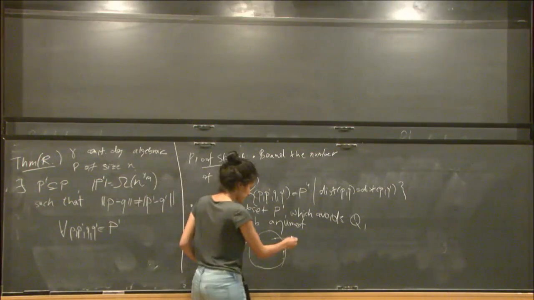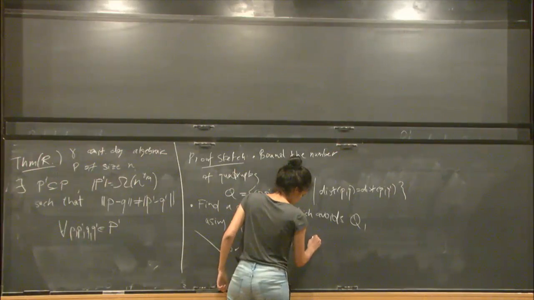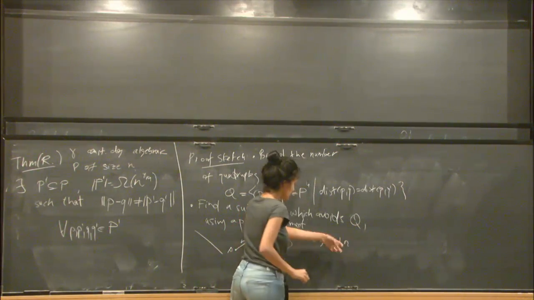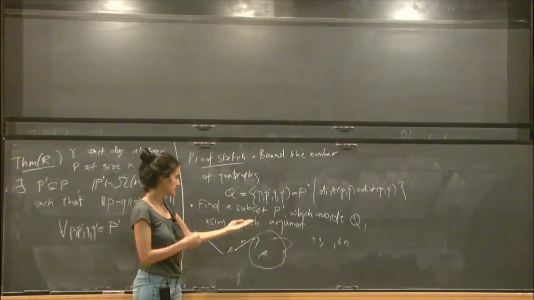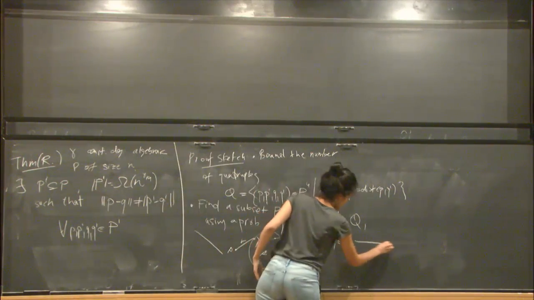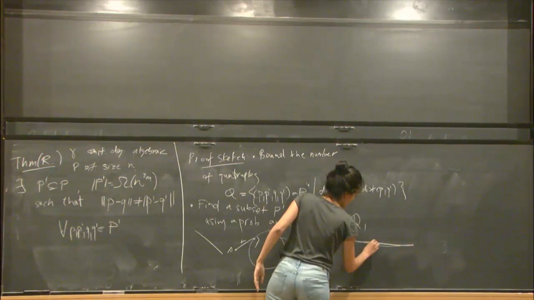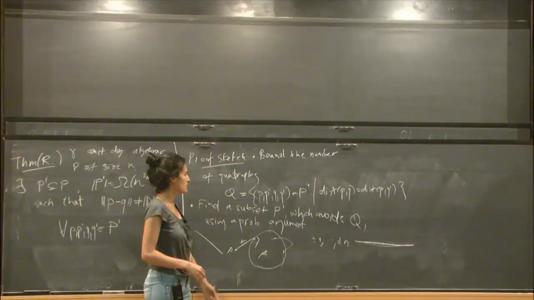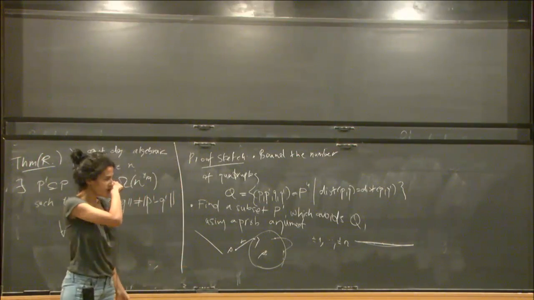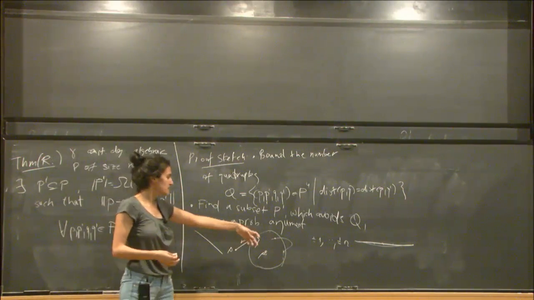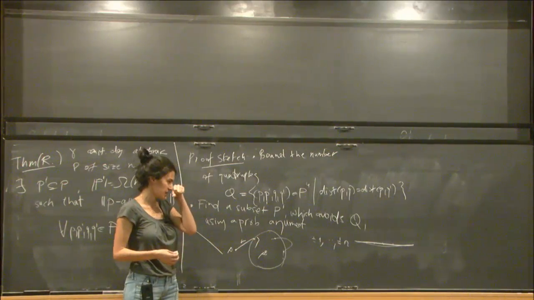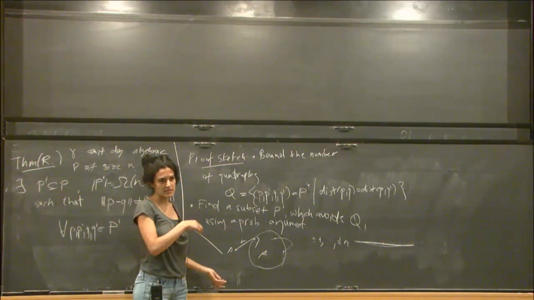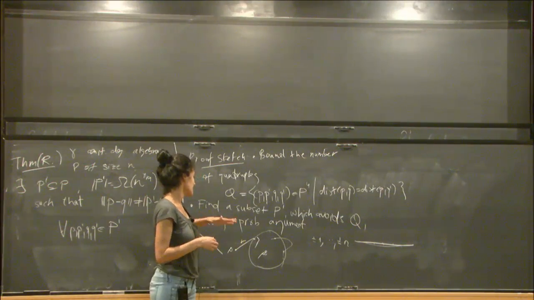For example, if we take all the numbers plus or minus 1 to plus or minus n, all lying on the x-axis, the number of such quadruples will be n cubed. So we want something better than n cubed, but in general we cannot expect to achieve it.